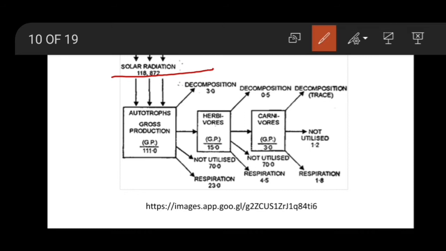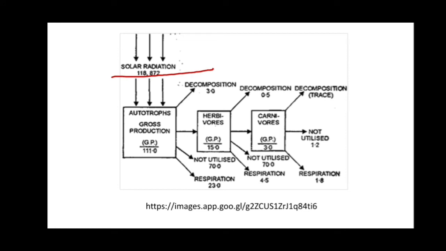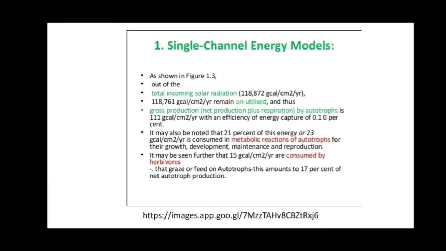So in each trophic level, energy is required for the metabolic activity of that particular organism. So you can see here the explanation of this single channel energy model.